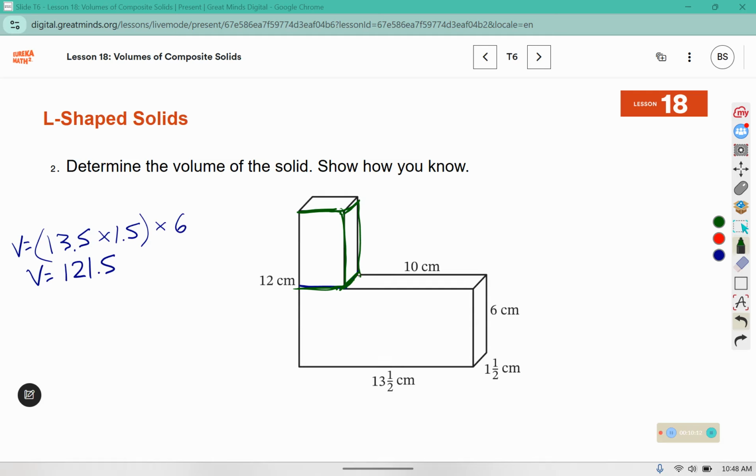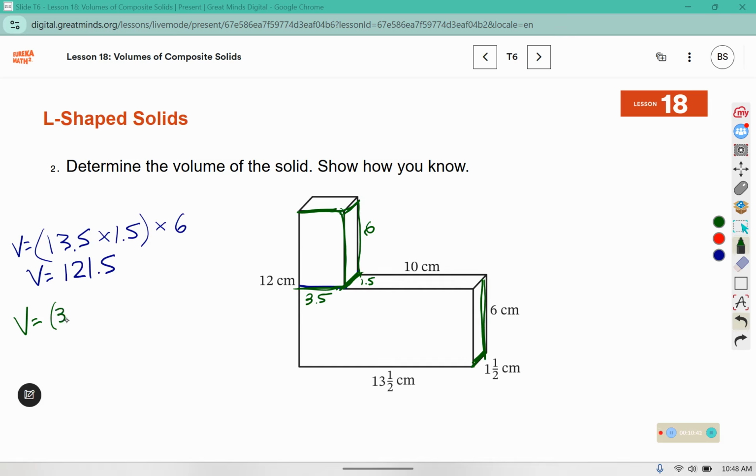And then for this piece, 13.5 minus 10 leaves us with 3.5 wide. It is still 1.5 across here. It matches that same piece. This whole height was 12, but we've already used 6 for the bottom piece. So we have 6 left for the top piece because 6 plus 6 makes 12, and 3.5 plus 10 makes 13.5.